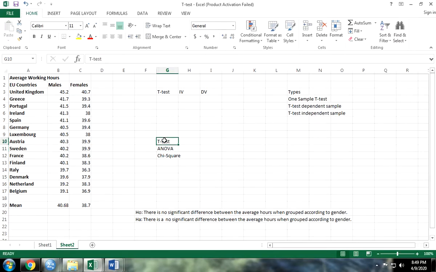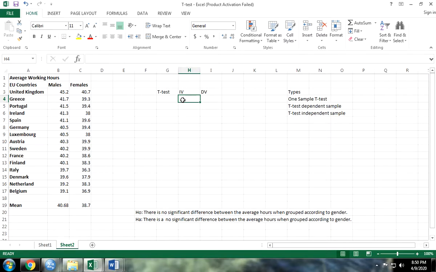Now, minsan kasi nakakalito yung t-test at ANOVA. Saan gagamitin yung t-test at ANOVA? We have to look into the nature or classifications of your variables. Now, one function of your t-test and together with your ANOVA is we do comparison and hypothesis testing. Sa t-test, remember the classifications of your variables.